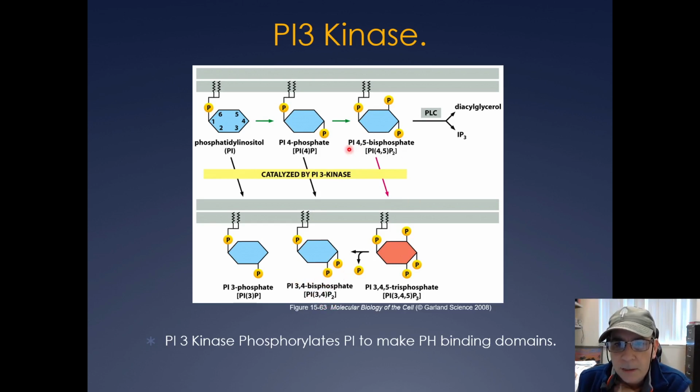You can also have PI4,5 bisphosphate, which can get cleaved by phospholipase C into IP3, but it can also become PI3,4,5 triphosphate. PI3 kinase adds the phosphate to the number 3 carbon on the inositol ring.